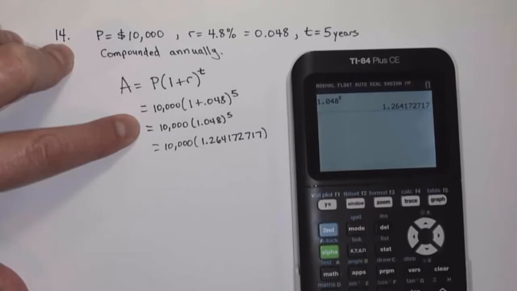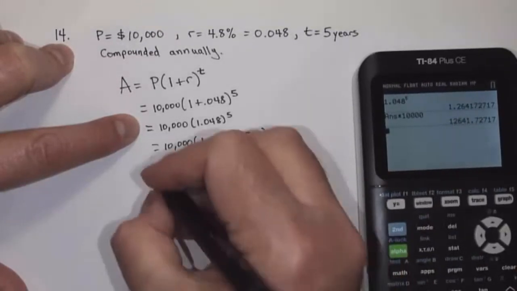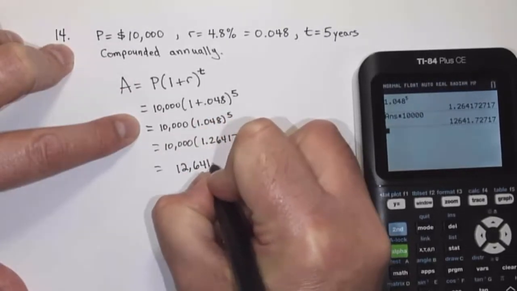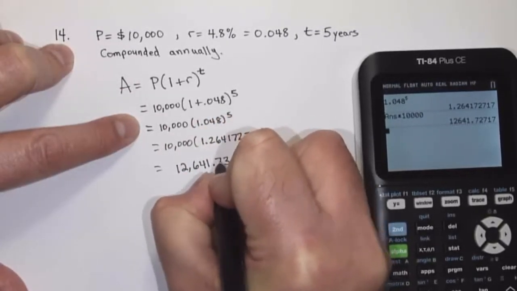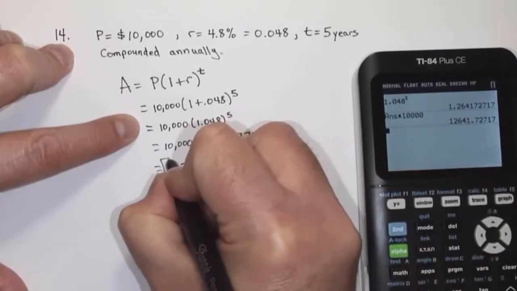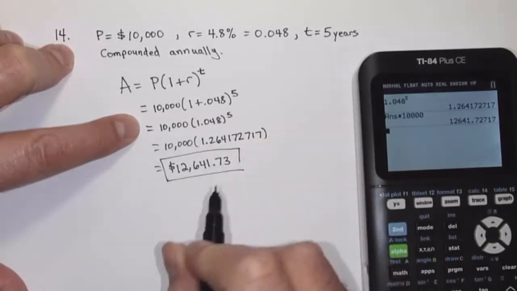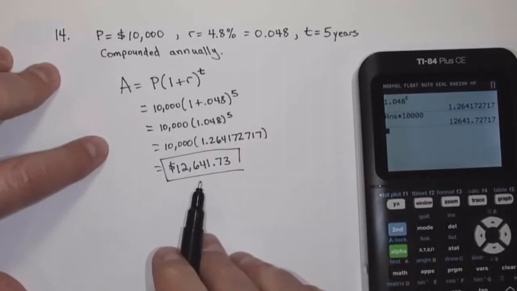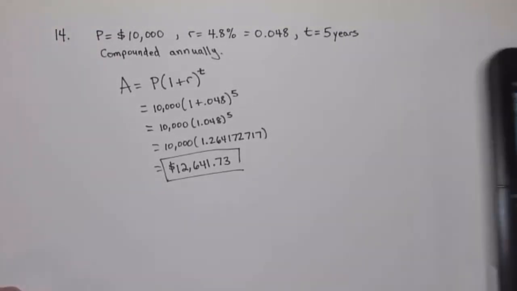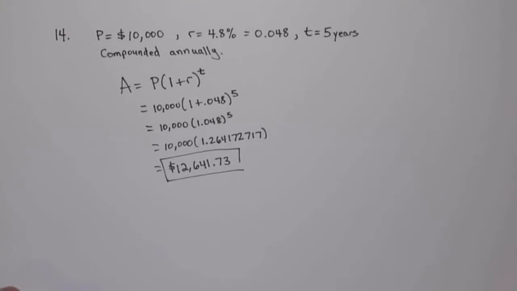And if I take that times 10,000, that is 12,641.73 if I round to 2 places. So after 5 years, we'll have $12,641.73 in our account. Let's take a look at number 15.